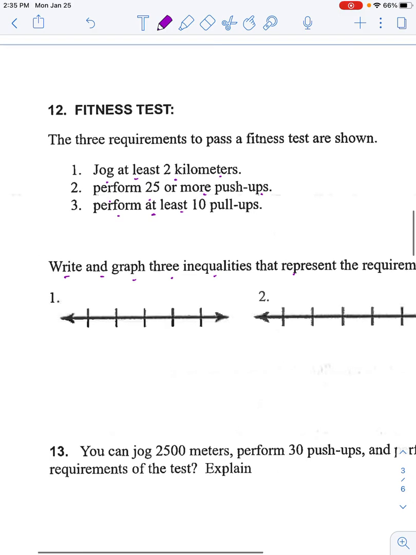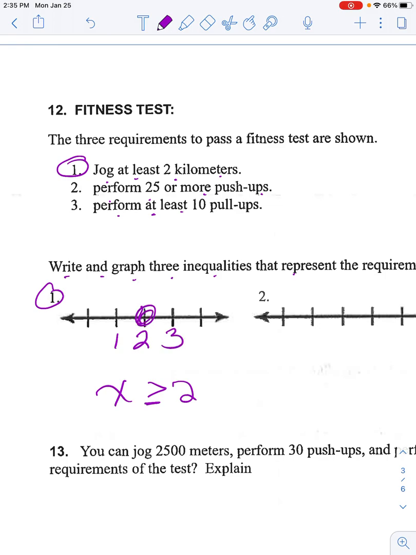Number 1, jogging at least 2 kilometers would be greater than or equal to 2. And then we're going to graph that as well. So I'm going to put 2 in the middle. Greater than or equal to, we're closing that in, filling it in, pointing to the right.